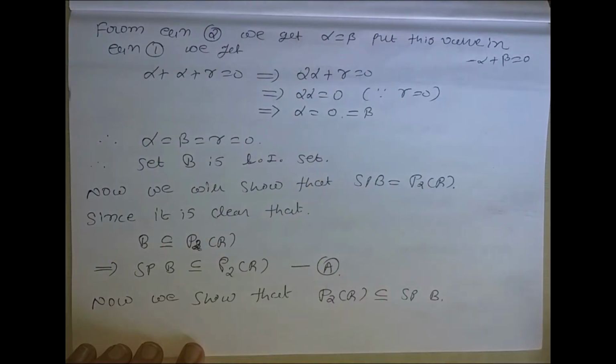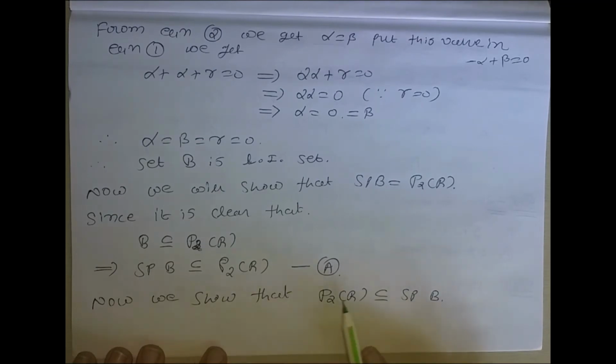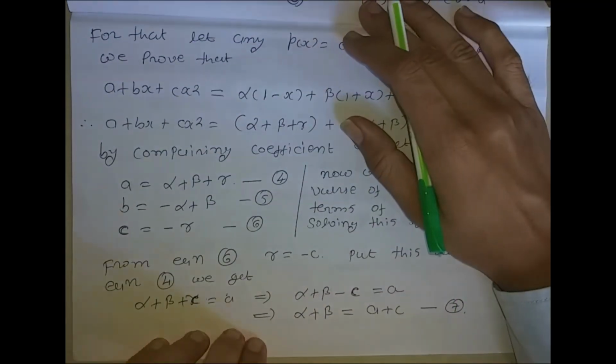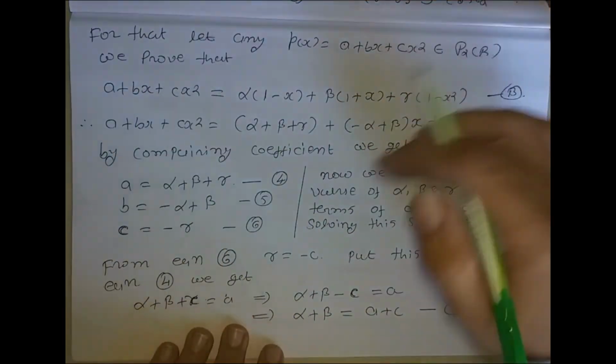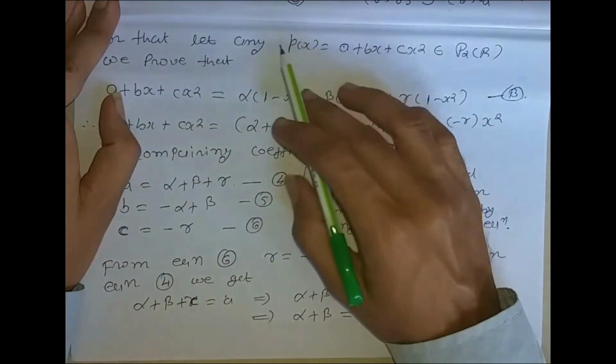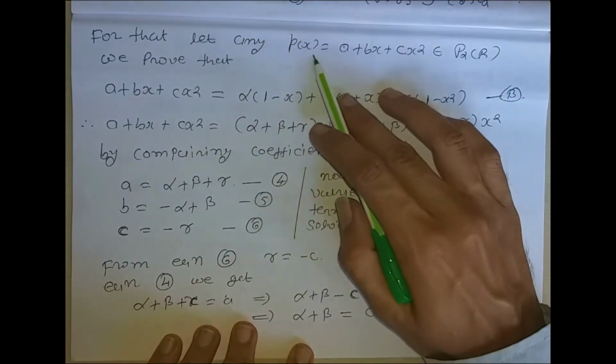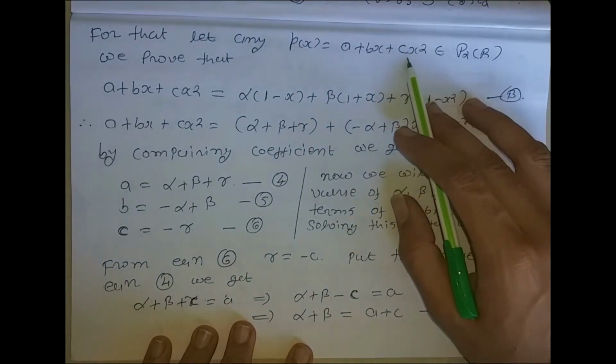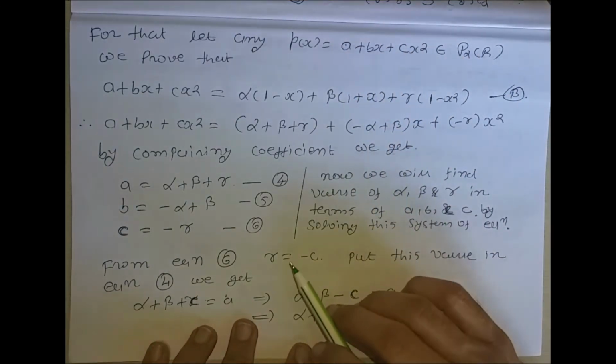It is well known. Now we will show that P2(R) is a subset of span of B. For that, let any arbitrary polynomial p(x) equal to a plus bx plus cx square, this is a degree 2 polynomial, belongs to P2(R).